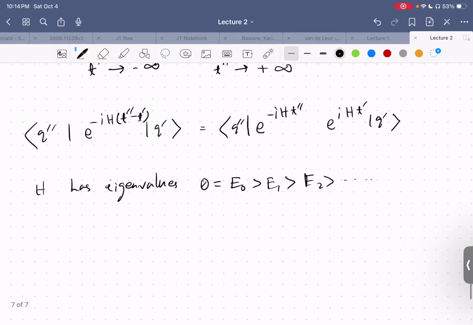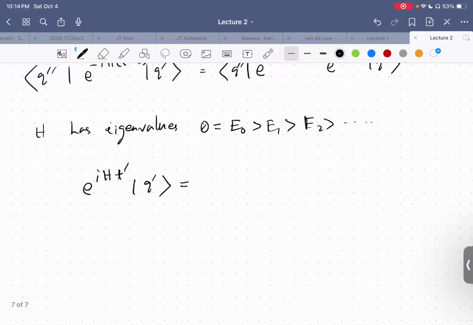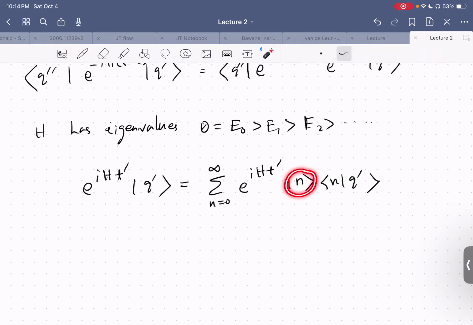So with this modification, what happens? Let's expand q prime into the energy eigenbasis, so you are summing over all energies. Here n is your energy eigenbasis, so what I mean is that H|n> is equal to En|n>.